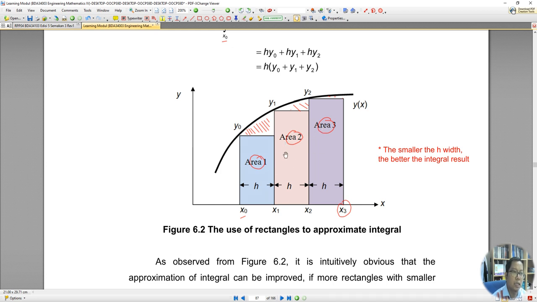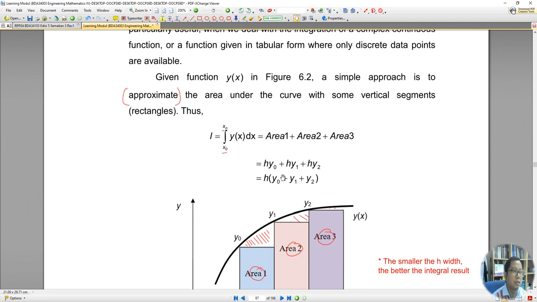Based on these three areas, we calculate the area 1 plus area 2 plus area 3, and then we total all the areas, and we get the value of the integration.